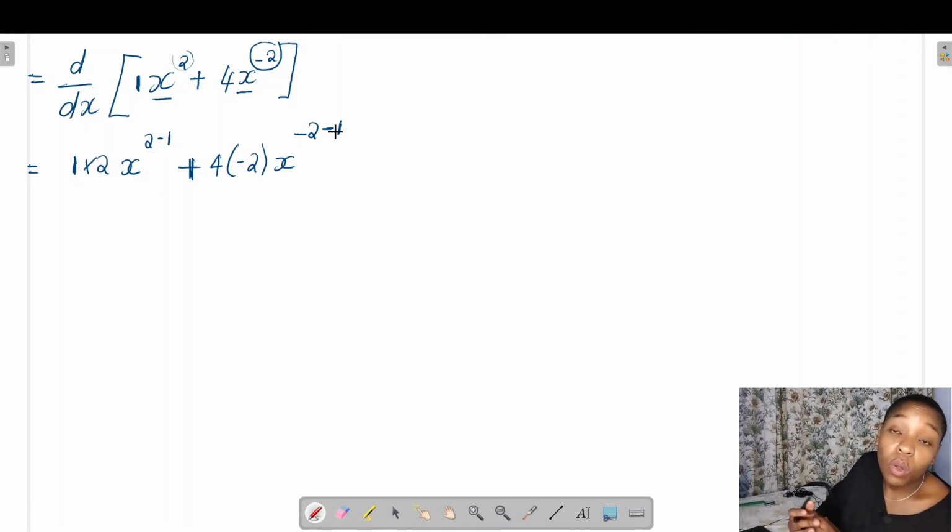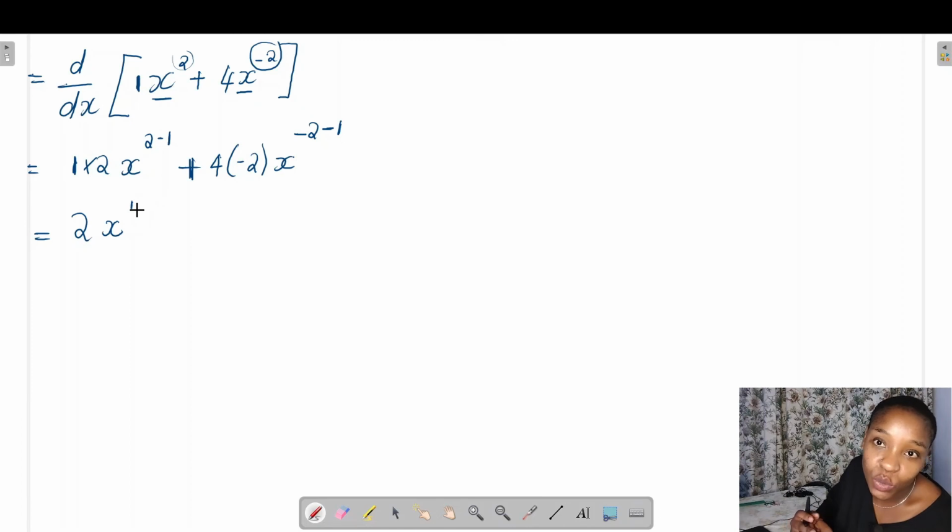I still need to do a whole video tutorial where I summarize the rules that you need to know when it comes to calculus, so I can refer you to that video. But I'm sure at this point you should be able to remember these rules. So 1 multiplied by 2 is equal to 2, x to the power of 2 minus 1 is 1.